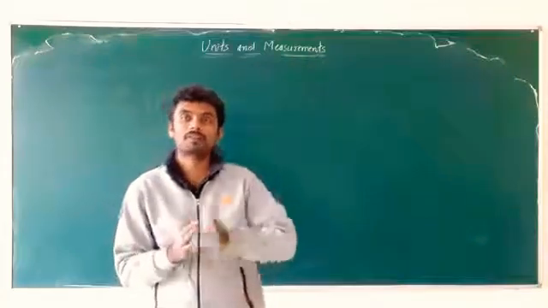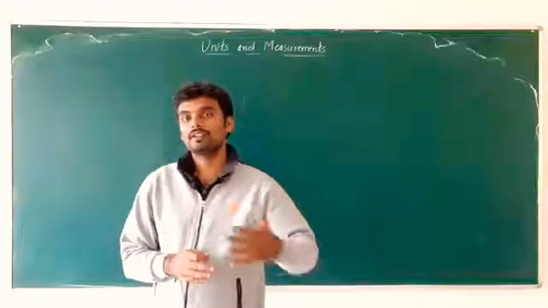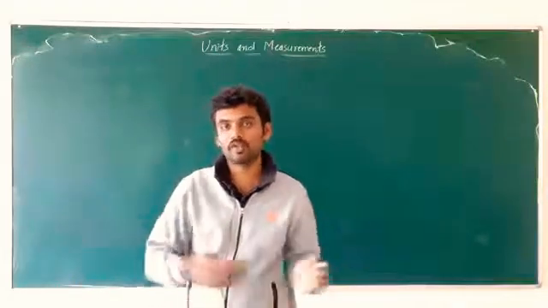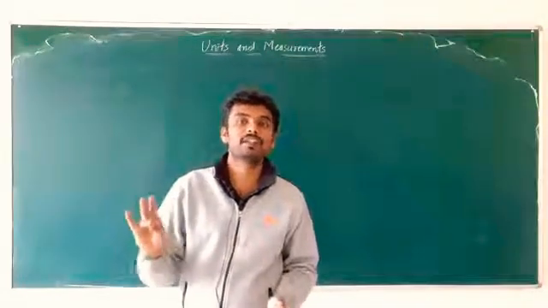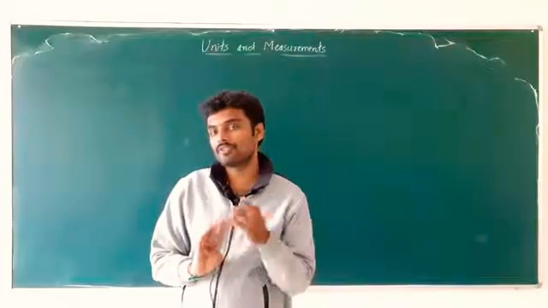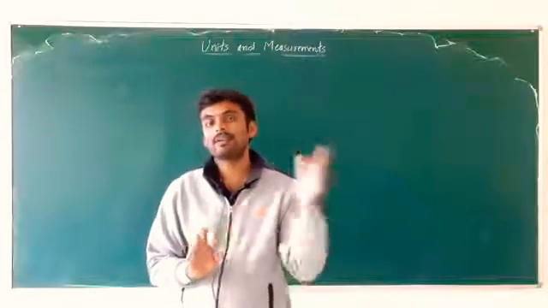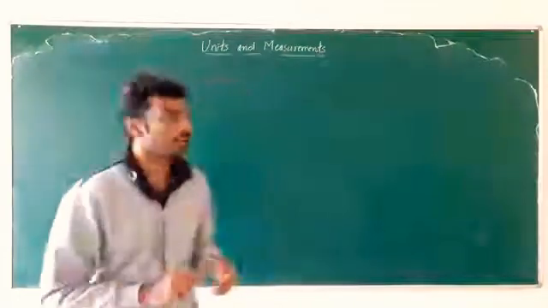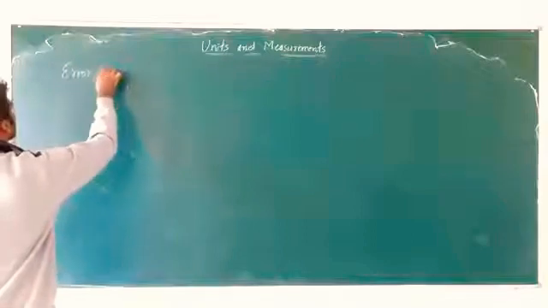How does error propagate to the other quantity in mathematical operations? The four basic operations that I am going to consider are addition, subtraction, multiplication and division. If we have such mathematical operations, then we are going to see the error propagating into the other quantities as follows.